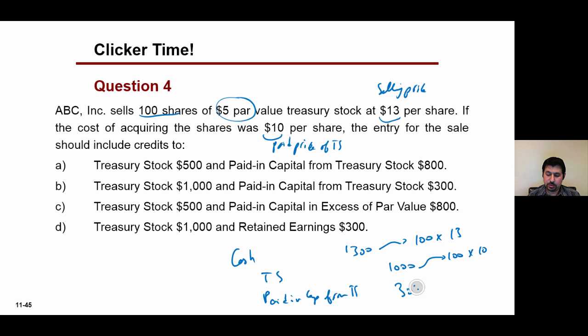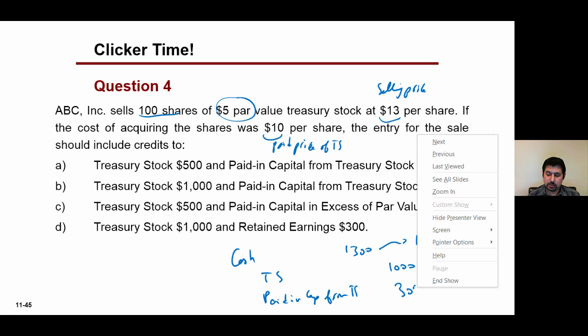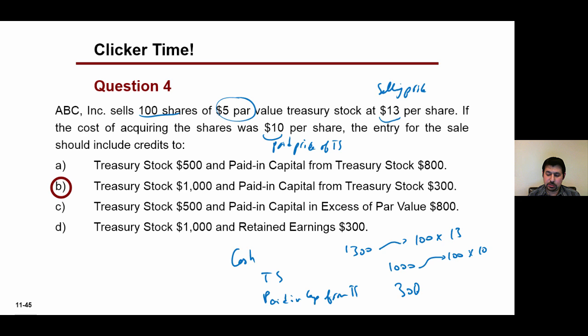It will be credited 300, which is the difference between the two. As a result, the answer will be a credit of 1,000 to treasury stock and 300 to paid in capital from treasury stock.